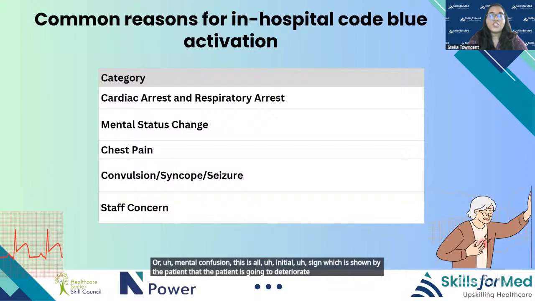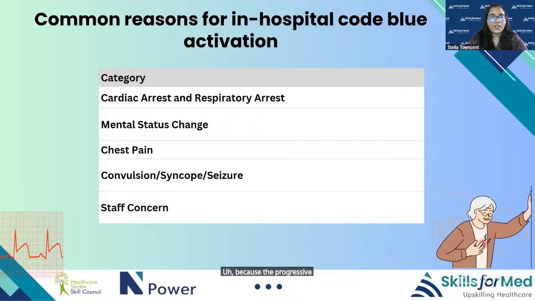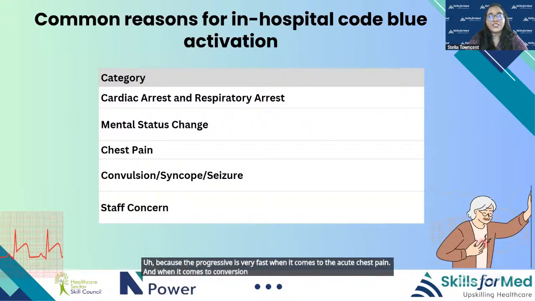And the patient is having chest pain, might be acute pain. If we do not act fast, then the patient will end up in cardiac arrest because the progression is very fast when it comes to acute chest pain. And when it comes to convulsion, syncope, or seizure, the brain functions are going to get affected, ending up in system failure in the heart.